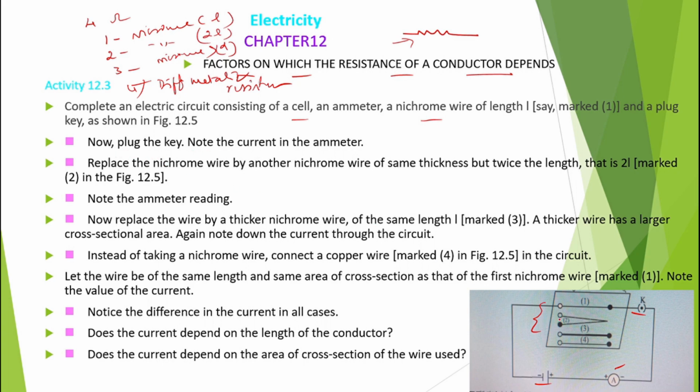Now you put number 1. This is the number 1 nichrome wire. Plug the key. Note down the ammeter reading. So this one, you note down the first ammeter reading.